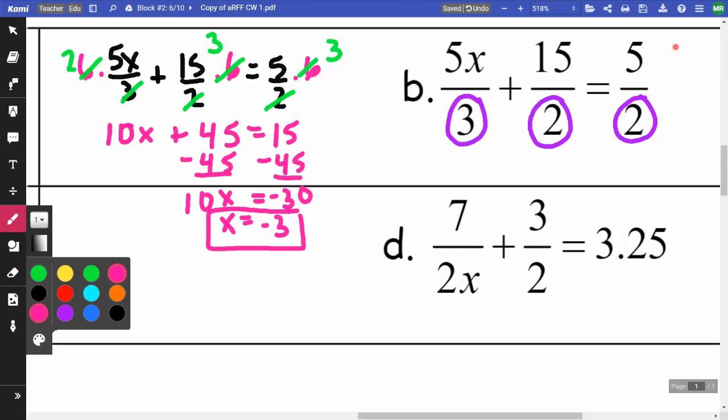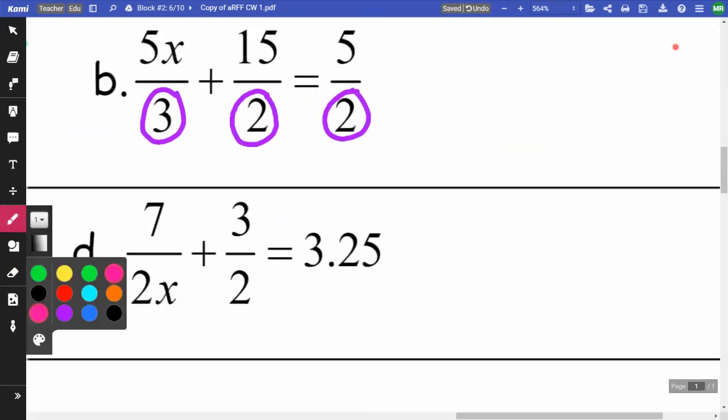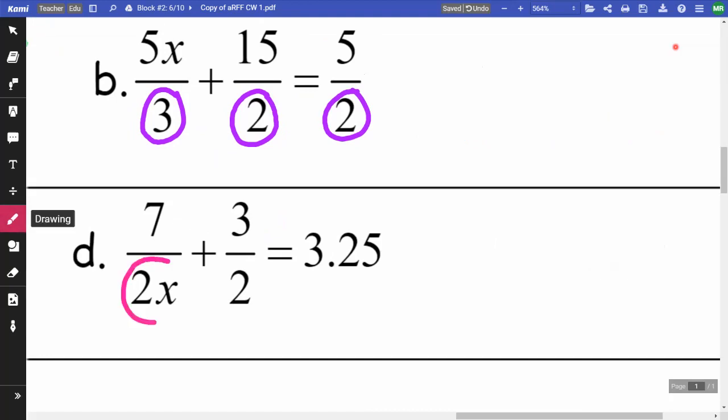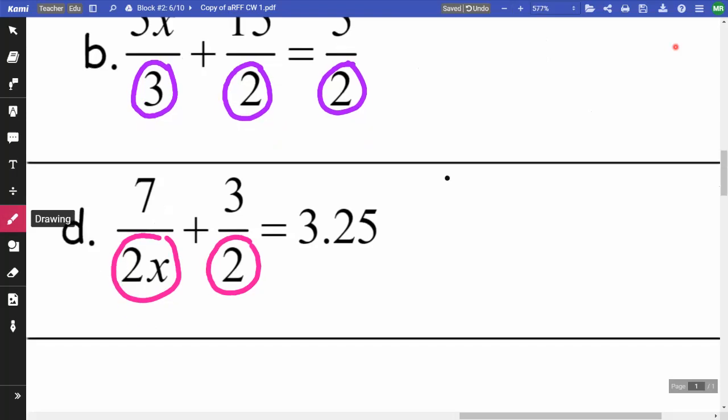Okay, now for D, I'm going to do D on the other side of this. Okay, so for D, I have a 2x and a 2. So I'm going to multiply everything by 2x. So let's see, I'm going to have 7 over 2x.